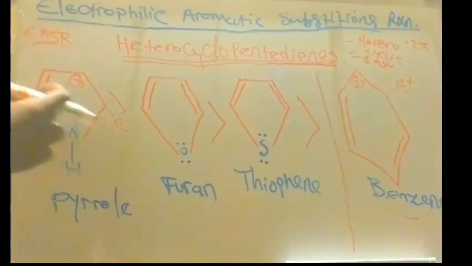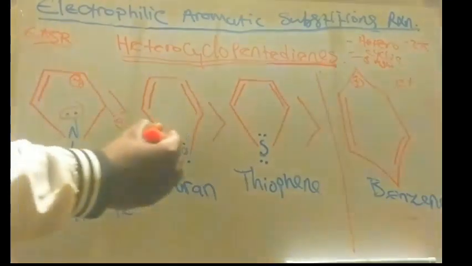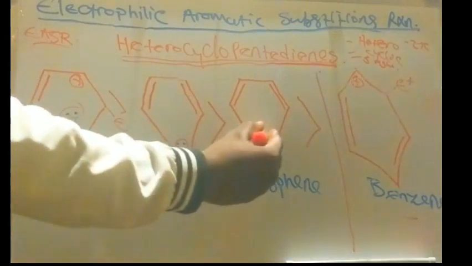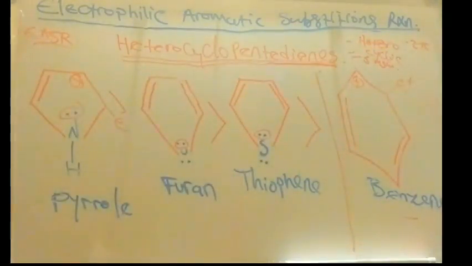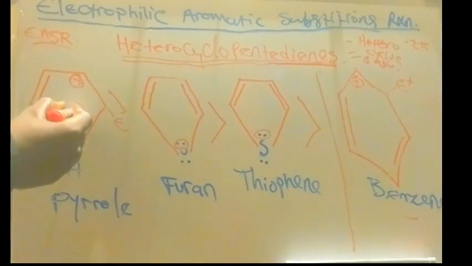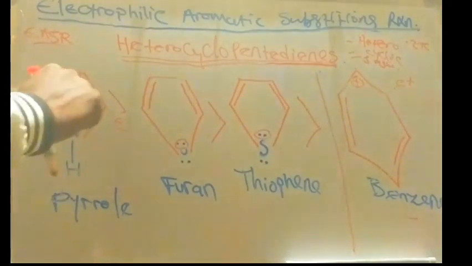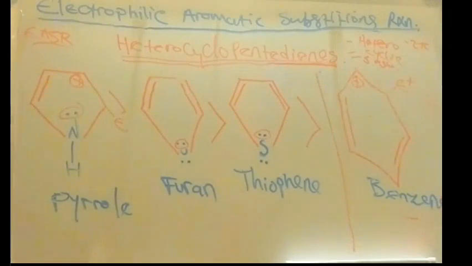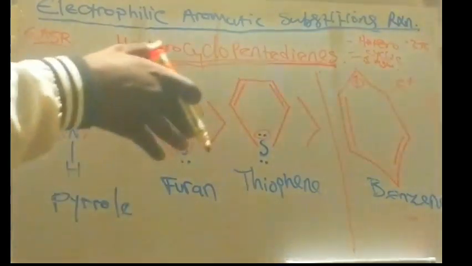So the heteroatom has a lone pair. As we can see, there are some lone pairs on these heteroatoms. So these heteroatoms are now able to resonate within the ring and are able to form a more stable intermediate as compared to a plain benzene ring. So that's why their reactivity is relatively much more competitive as compared to the benzene ring.